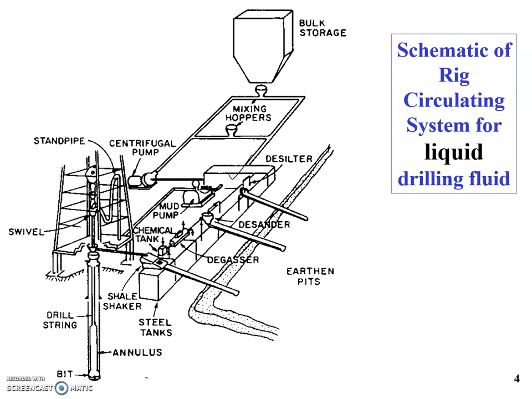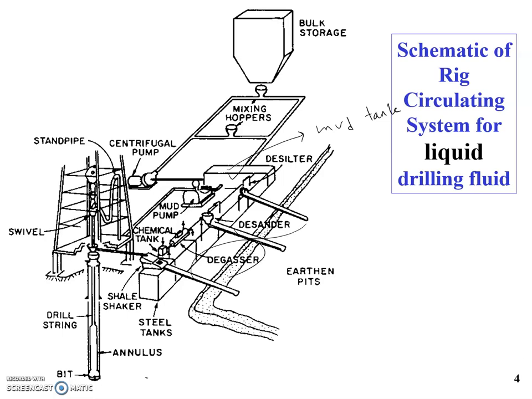Here is the mud tank. The mud tank goes to the mud pump, is injected through the standpipe, through the swivel, through the mud hose, and goes all the way into the drill string through the bit, and comes back here.